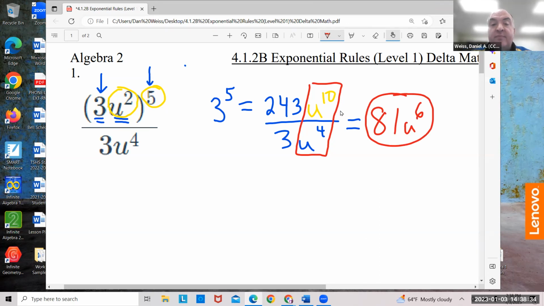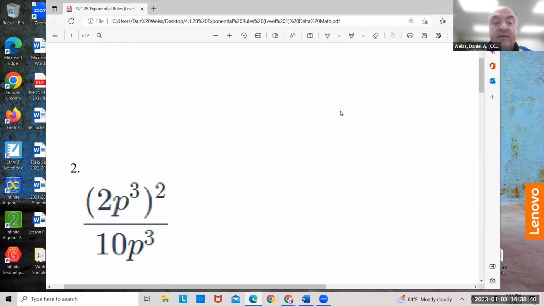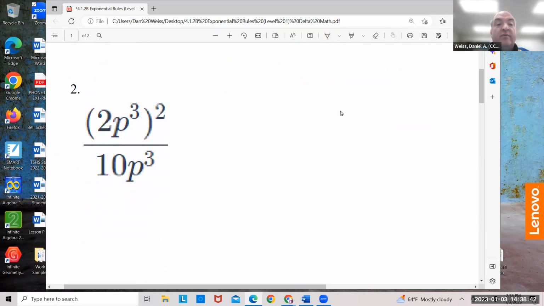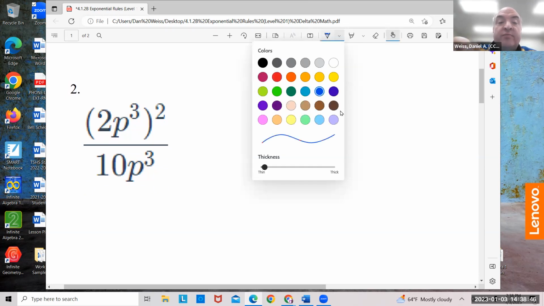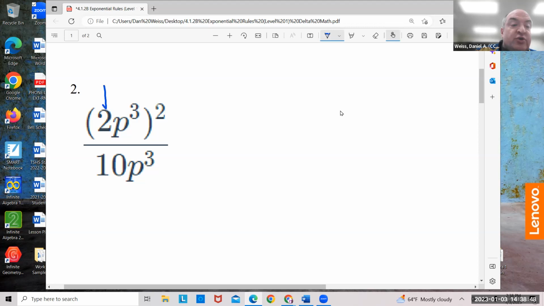Hope that makes some sense there. Let's try another one. First, I'm going to do this 2, because 2p to the third is all in parentheses, which means I have to do 2 to the second power. 2 times 2 is 4.